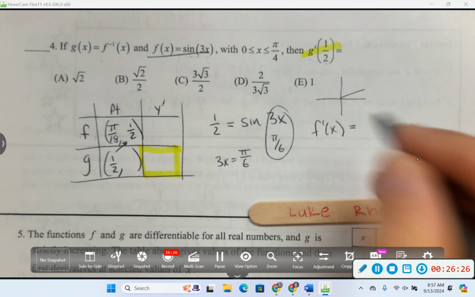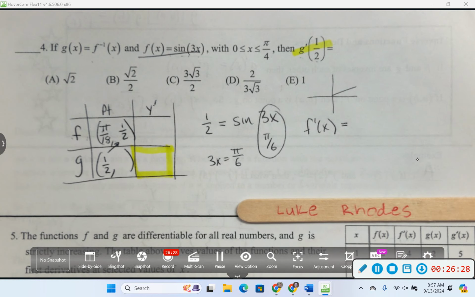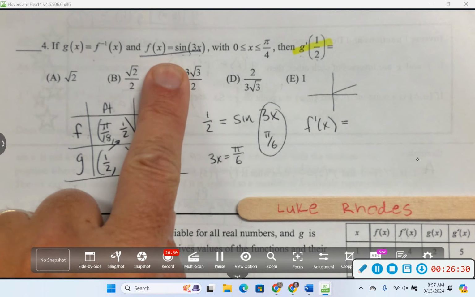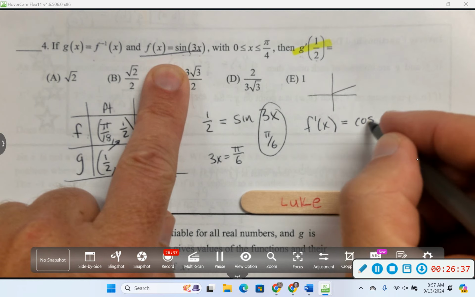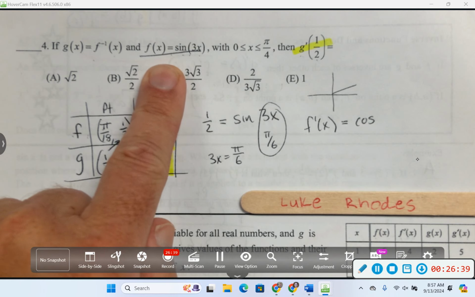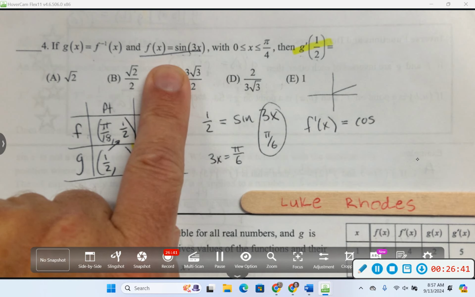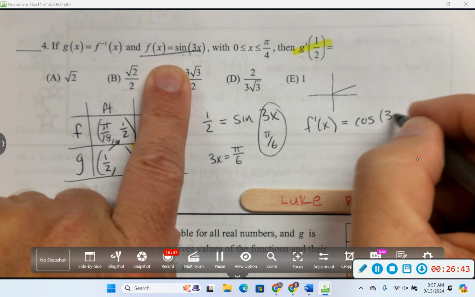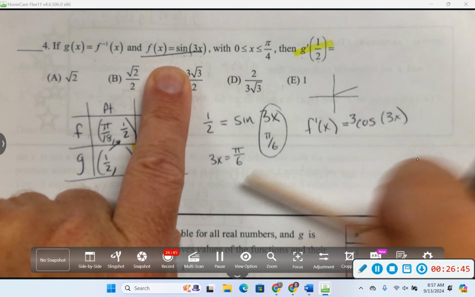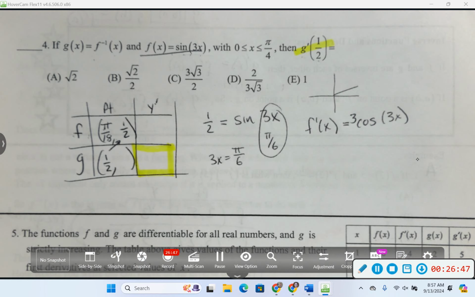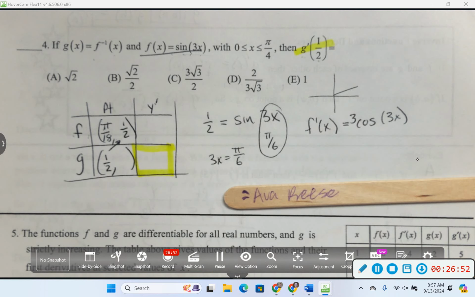So Luke, how about the derivative of f? There's f. Cosine 3... Uh-oh, wait, you ate the whole thing at once. It's okay. Cosine 3x times 3. That's better. Yes, cosine of 3x times 3. Ava, what next?